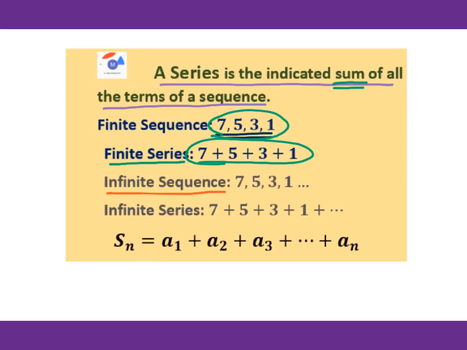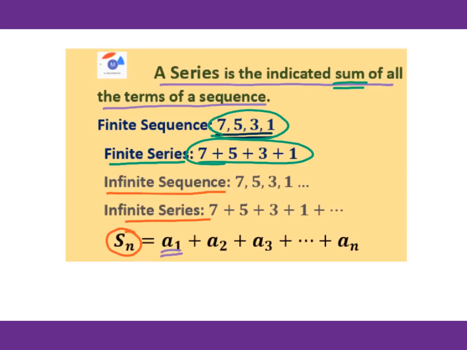Infinite sequence, infinite series. Define S sub n as a sub 1 add a sub 2, keep going to a sub n. In other words, you always start with a sub 1.